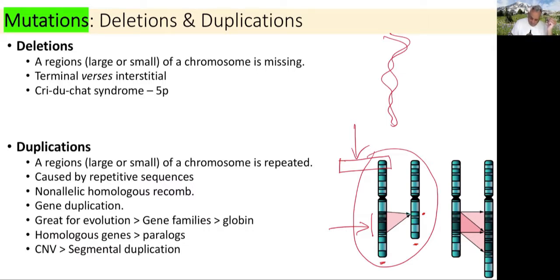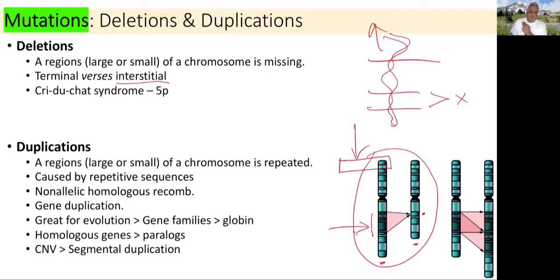So what happens in terminal deletions is you get a break across the DNA helix, across both strands, and the smaller piece, the one that doesn't contain the centromere, can be lost. Whereas interstitial deletions require 2 breaks in order to lose that piece of DNA. So in the second example down the bottom, we would have 2 breaks, and then that piece will be lost. So 2 cuts in the DNA.